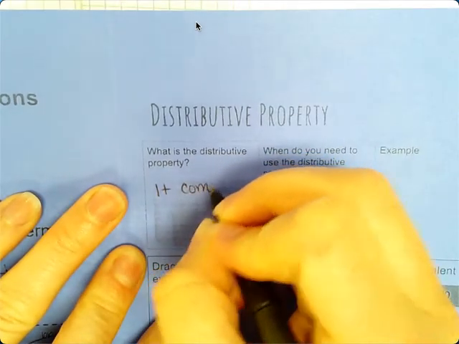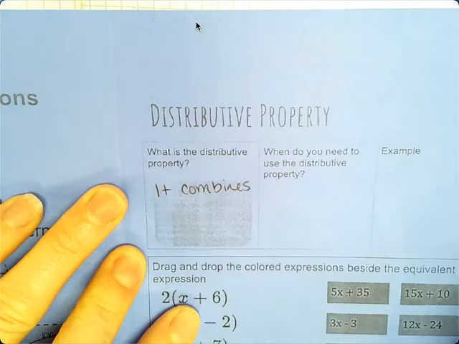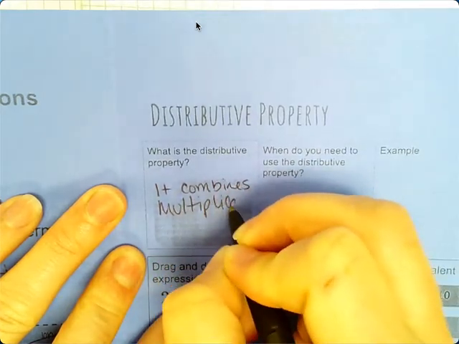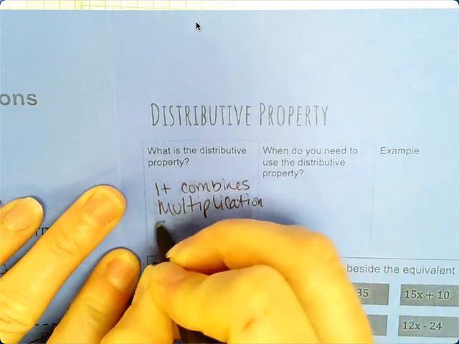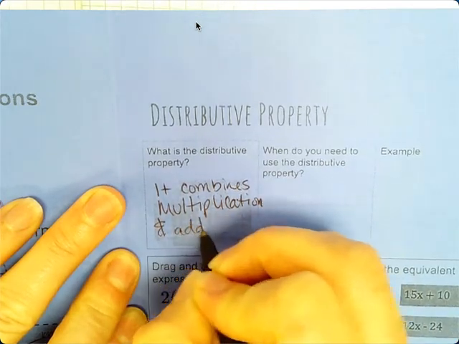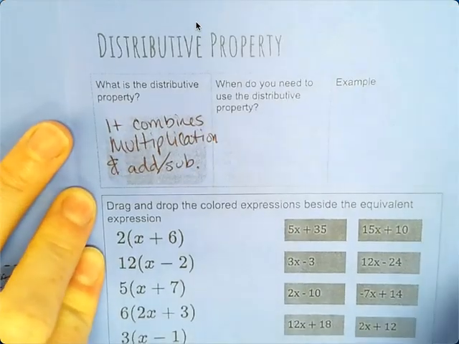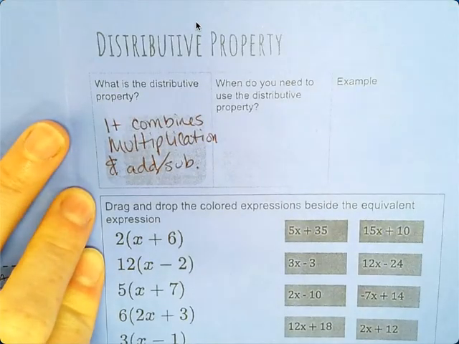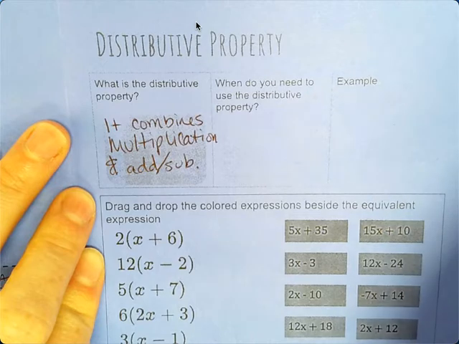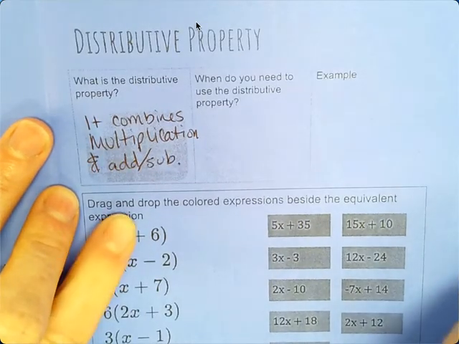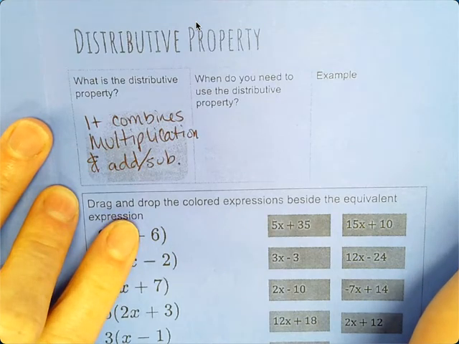It combines multiplication and add/subtract. Okay, when do you need to use the distributive property? When the number is outside of the parentheses with the variable.